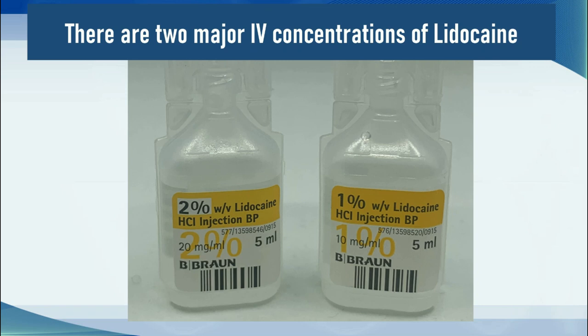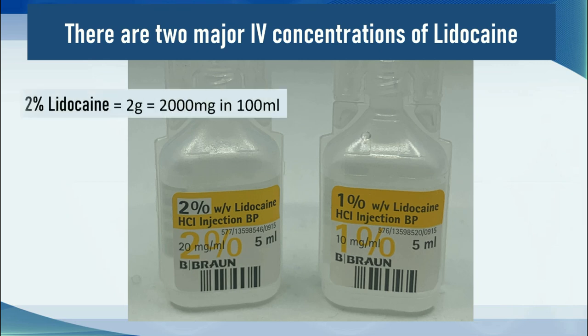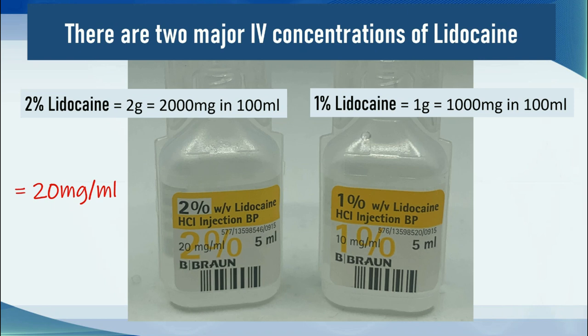There are 2 different concentrations for lidocaine that are commonly used for intravenous or subcutaneous injection, and they are 2% lidocaine, that's 2 grams, 2,000 milligrams in 100 mils, 20 milligrams per mil, or 1% lidocaine, 1 gram in 100 mils, or 10 milligrams per mil.